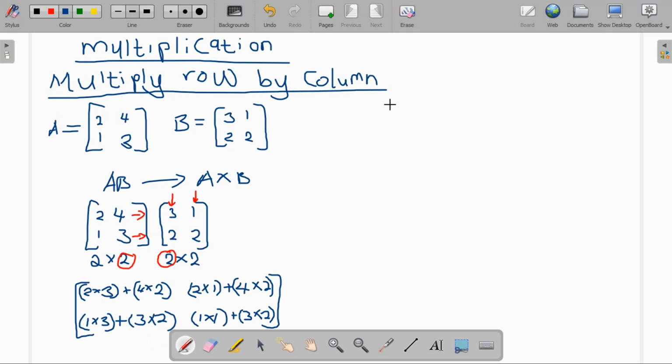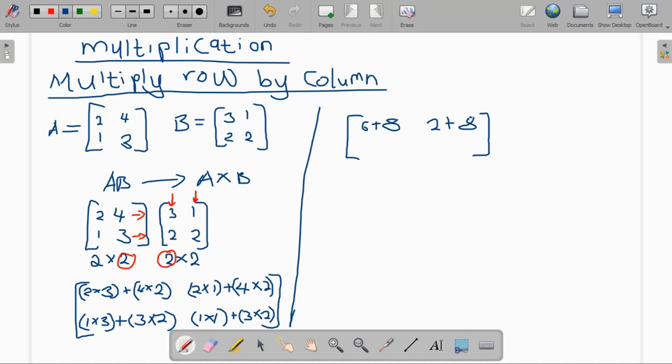So now we start. I'll write this side, which is 2 times 3, it gives us 6, plus 4 times 2, it gives us 8, so 8 there. 2 times 1, it gives us 2, plus 4 times 2, it gives us 8, so 8 there.